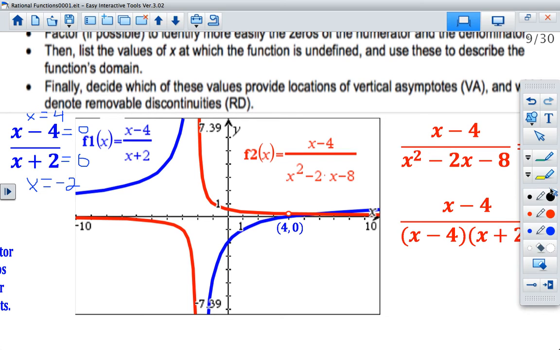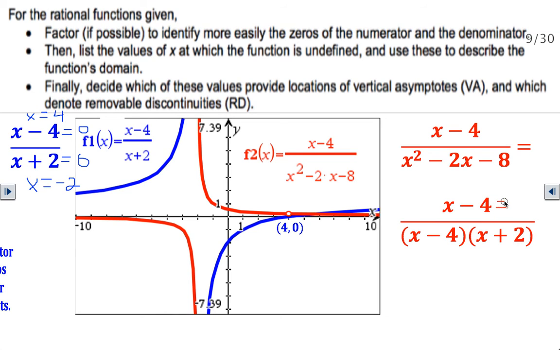Okay, so from the numerator, you set that equal to 0, and your solution, or your zero, whichever one you want to call it, is going to be x = 4. Okay, when you set this equal to 0 and solve for x, you get x = 4, and then over here you get x = -2, right?